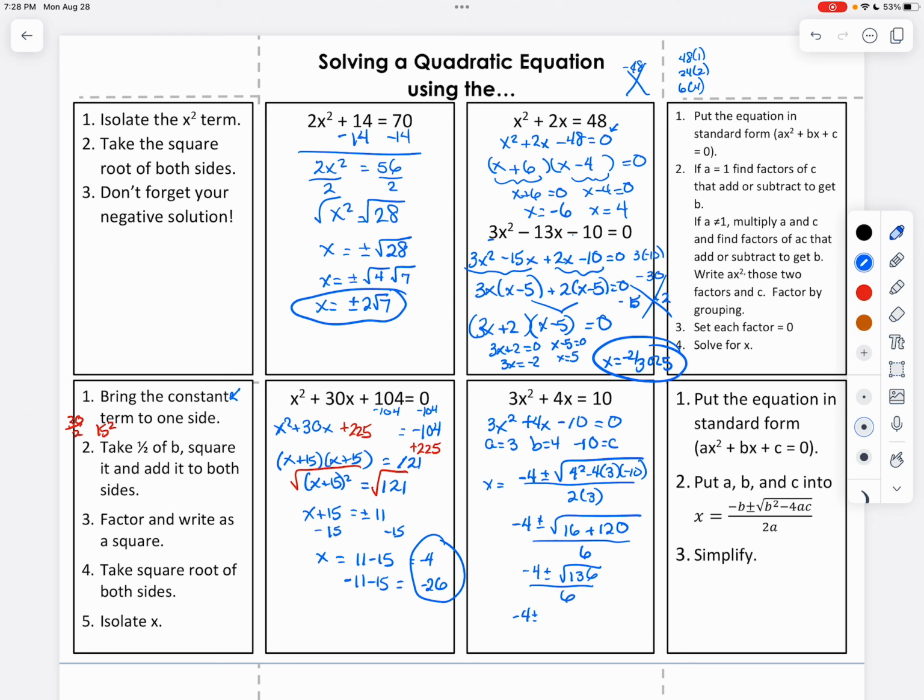Negative 4 plus or minus the square root of 4 times 34 over 6. If we take the square root of 4, we'll bring it out, and we'll have negative 4 plus or minus 2 square roots of 34.